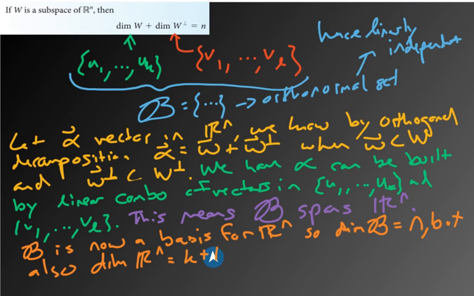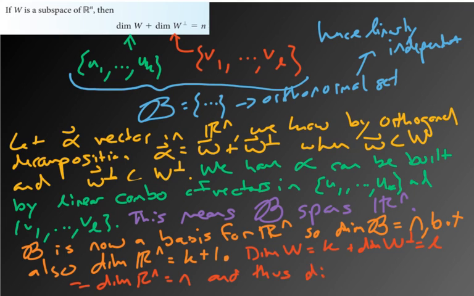So I'm basically breaking n down into k plus l. I'm just trying to connect the dots now. Basically, then, the dimension of W, which equals my k, plus the dimension of W perp, which is my l, equals the dimension of Rn, which is n, and thus the dimension of W plus the dimension of W perp equals n.